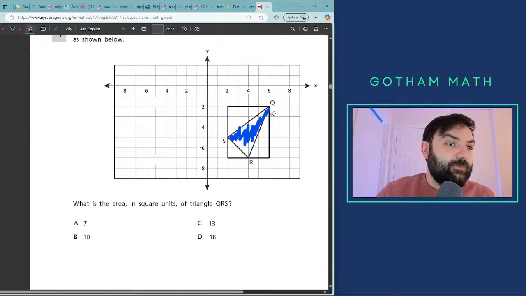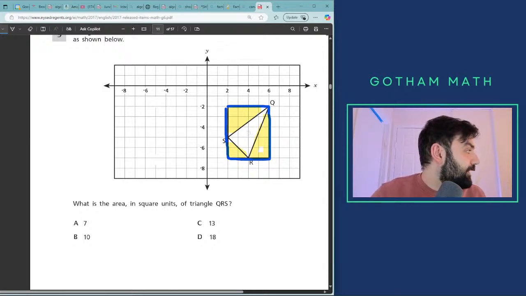We have to find the area of the rectangle, and then find the areas of the triangles outside of that, like this one and that one, and subtract them from the rectangle, and you will be left with the white part inside.